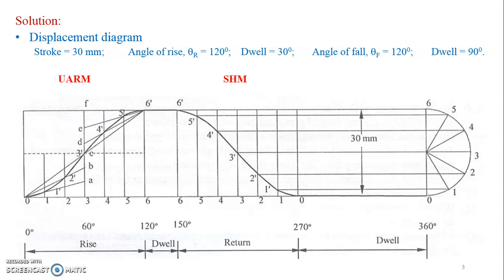The difference this time is that the angle of rise will follow UARM, so that portion I am supposed to draw in the UARM method. If you see the sketch, for the angle of rise we can identify the middle line, which is line number 3, and in the UARM fashion we have identified 1 dash, 2 dash, 3 dash, 4 dash, 5 dash, and 6 dash.